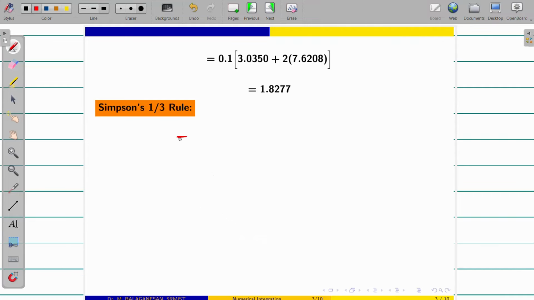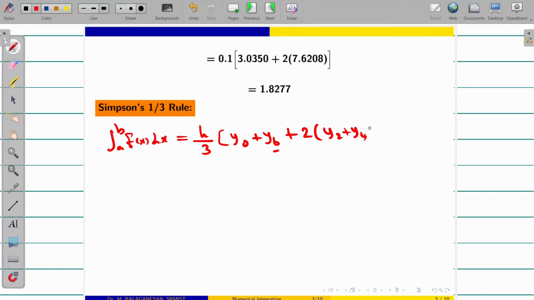Right. Now the Simpson one third rule. What is the Simpson one third rule? It will be the integral from a to b of f of x dx. It should be 1 by 3 into h. First value plus last value, that is y6, plus 2 times the even values, y2 plus y4. Will you write y6 again? Already we have written. Do not repeat it again.